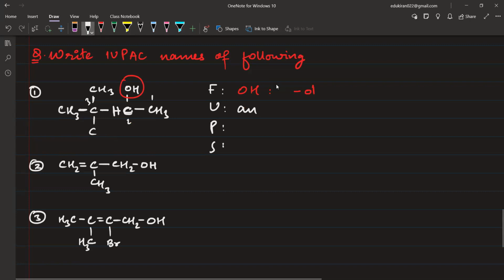When you wrote C2H5, you wrote it as CH3 and CH2, right? That's not right, because this carbon atom has 3 hydrogens and 2 bonds. That means 5 bonds, it cannot happen. It will be CH2, CH3. Okay, sir. So 3, 4 and 5, which will be 5 carbons. So it is pent.